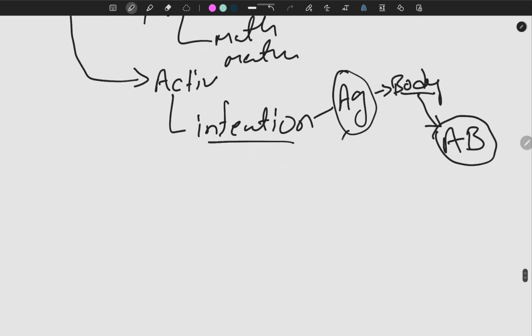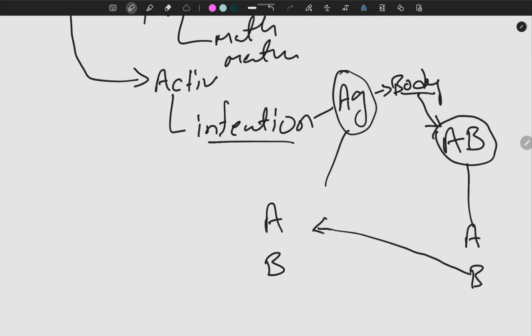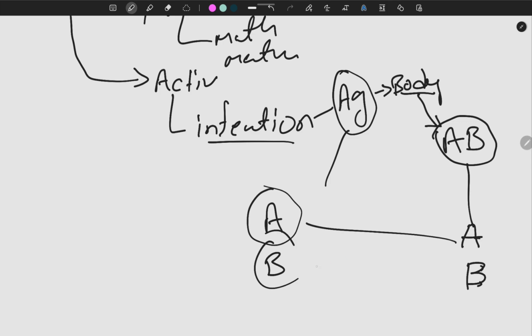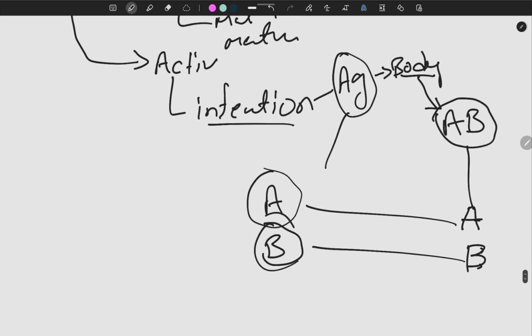For example, if it is antigen A, we will have antibody A, and if it is antigen B, we have B antibody. But B antibody will not fight against the A antigen, and A antibody will not fight against the B antigen. It only fights against its own antigen. So this is the antigen-antibody reaction.